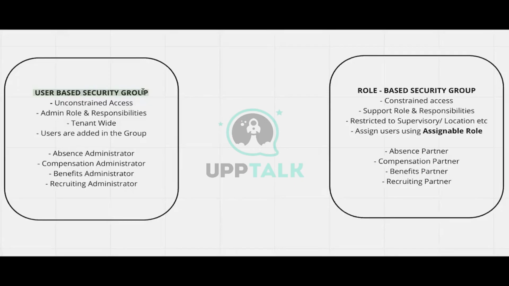If they have the ability to change someone's contact information for the lowest level in the hierarchy, then they also have access to change it for the CEO. That is what unconstrained access means. It means tenant-wide, without any restrictions, irrespective of what location you're in, whoever you're reporting to.